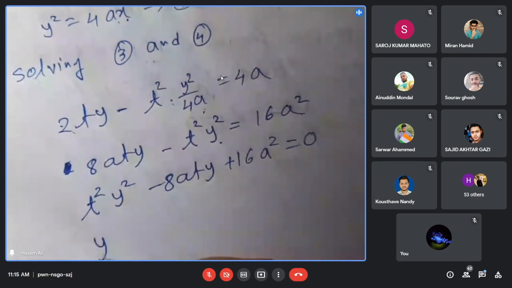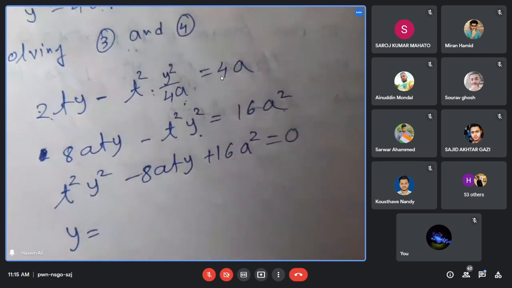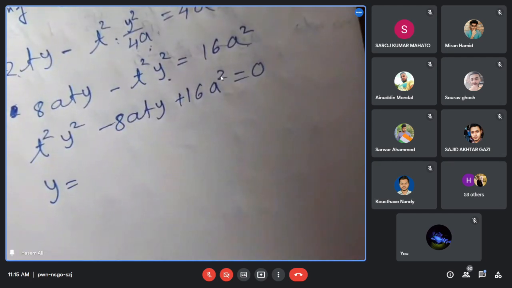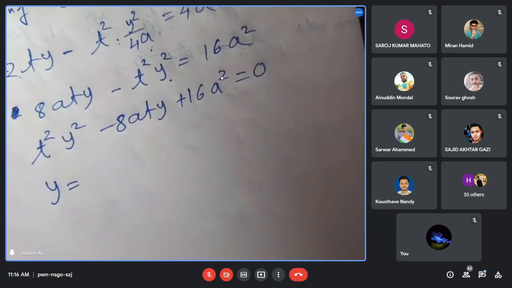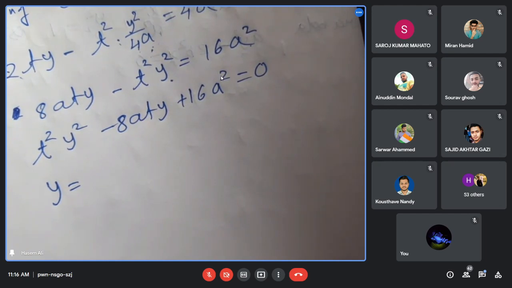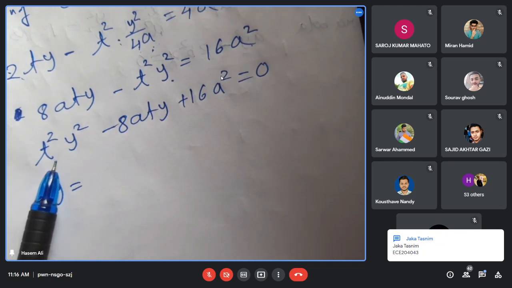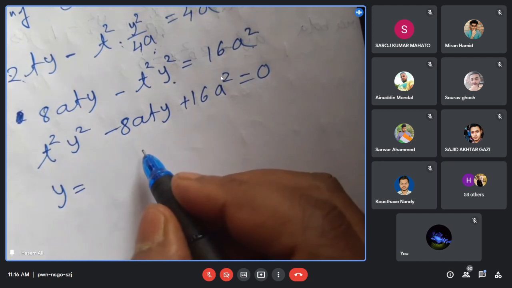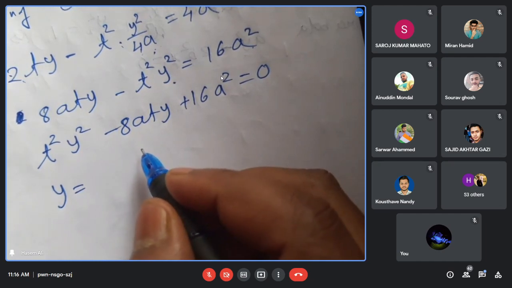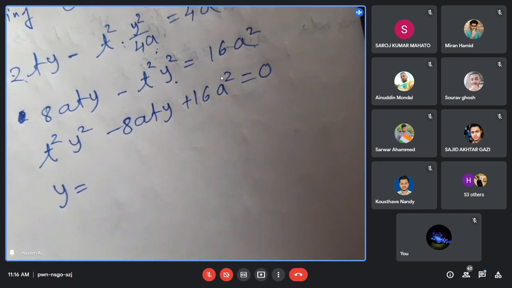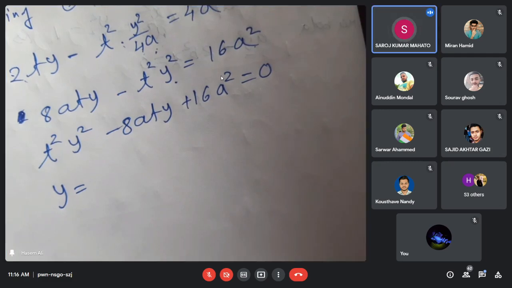So what is y? Use the Sridharacharya formula. This is a second degree equation, so y equals minus b plus minus root over b square minus 4ac, by 2a.